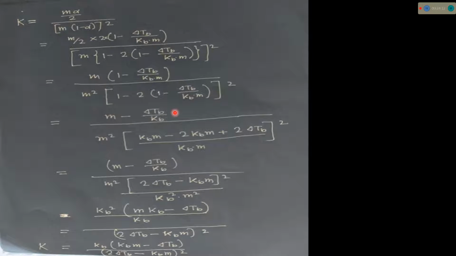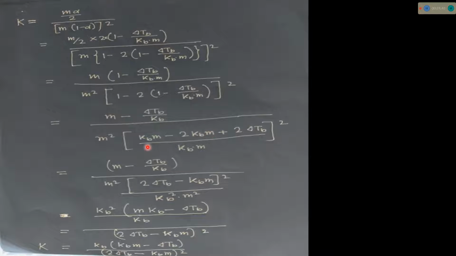Now m square, if we do the calculation, it becomes kb into m minus 2 kb into m plus 2 del Tb upon kbm. So now in the numerator, m minus del Tb by kb, and the denominator m square.